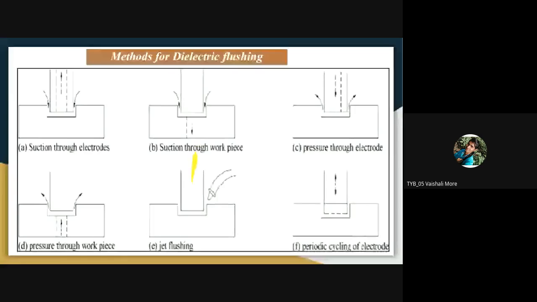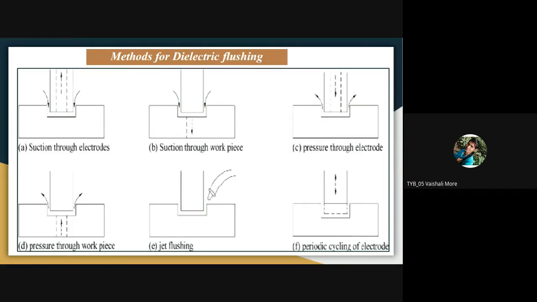In the third, you can give the flushing through the tool. The hollow tube will be there, and it will go like that. Then the fourth one is pressure through the workpiece.